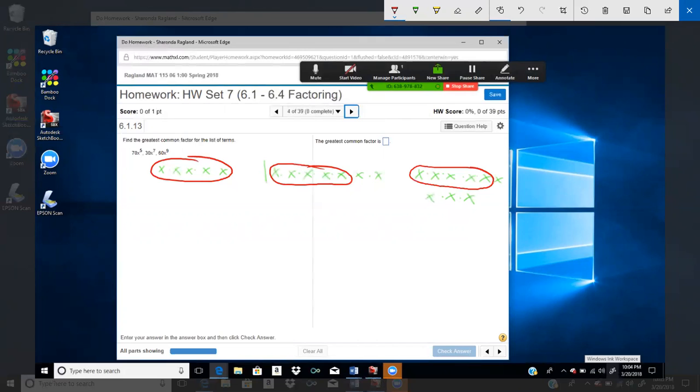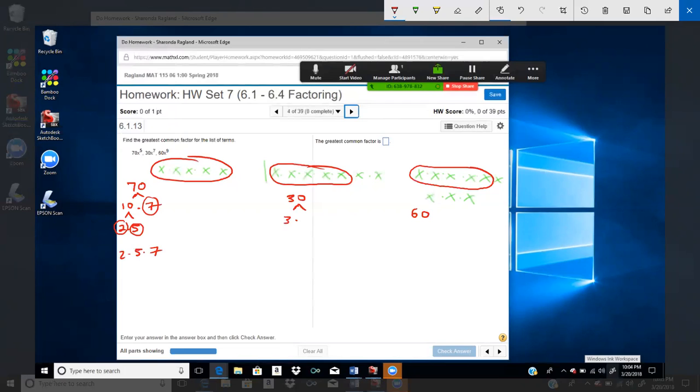If you're not sure, you can do the tree factorization to be sure. 70 is 10 times 7. We can break the 10 into 2 times 5. That's prime, that's prime, that's prime. So we're looking at 2, 5, and 7.